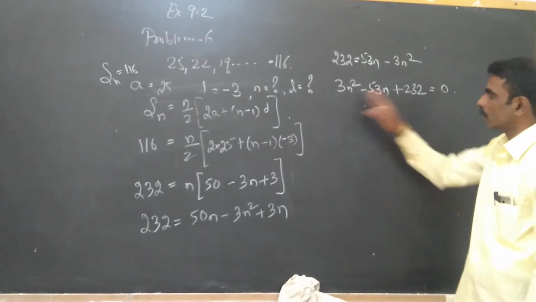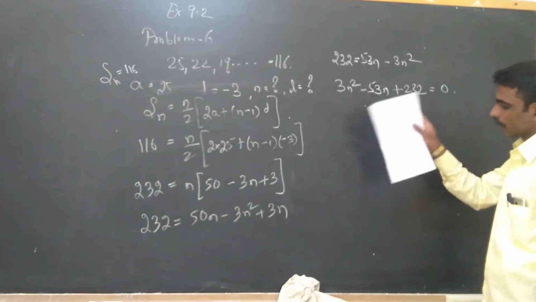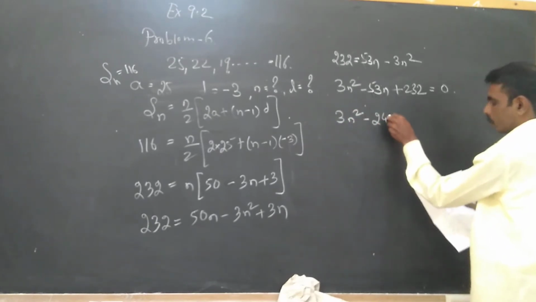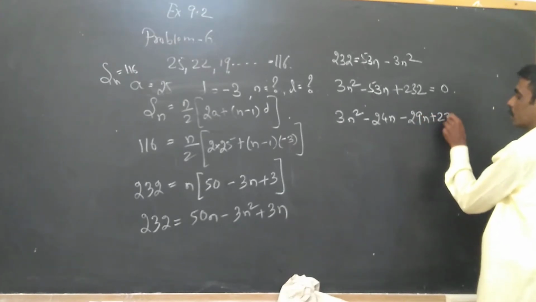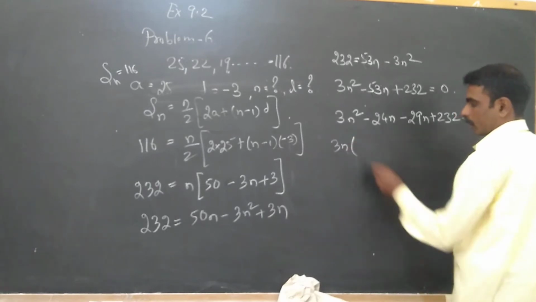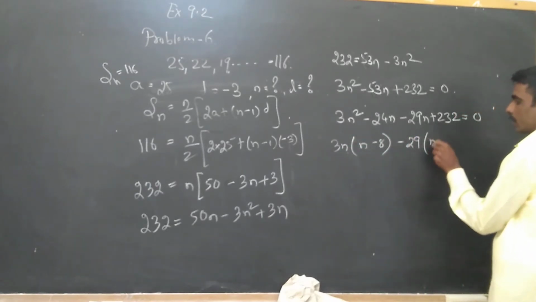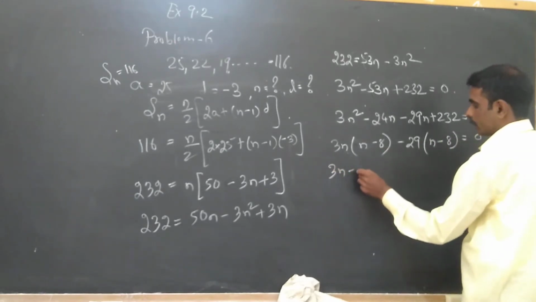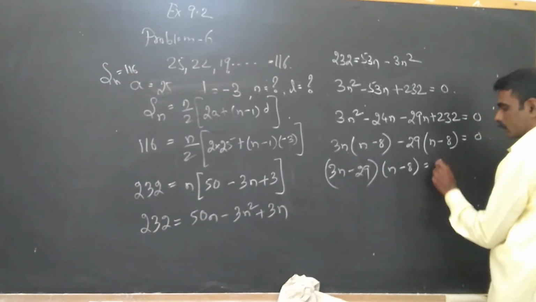This happens to be a quadratic equation, and once you find the factors, you get 3n square minus 24n minus 29n plus 232 is equal to 0. So 3n you take common, n minus 8, minus 29 you take common, n minus 8 is equal to 0. So you get 3n minus 29 into n minus 8 is equal to 0.